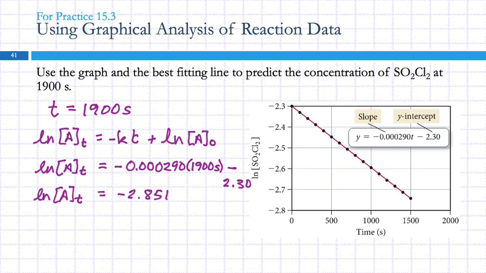Natural log is a function, right? So we can't just divide by it. We have to do the opposite. What's the antilog? e to the x. So if we take e to the natural log of A at t, that's the same as the concentration of A. And then on the other side, we have e to the negative 2.851.